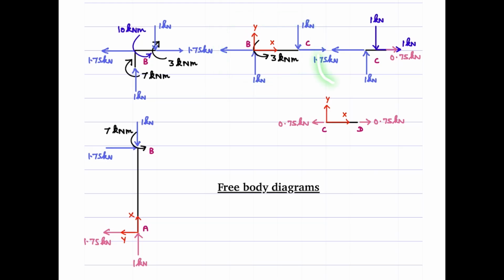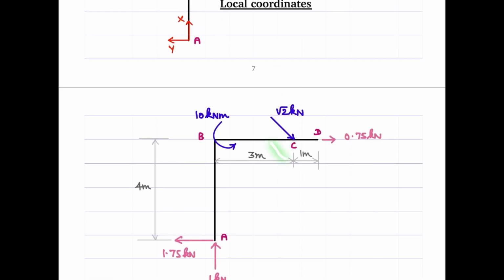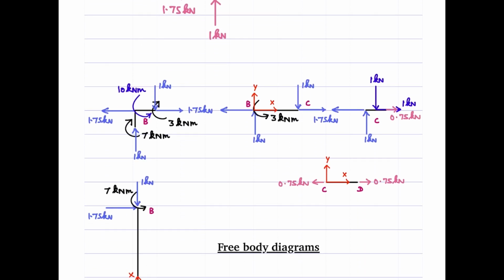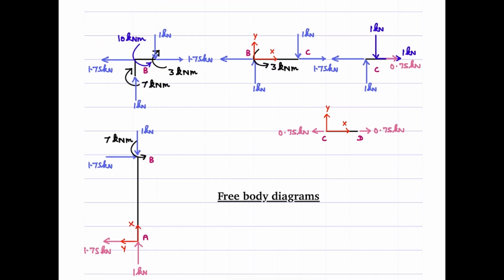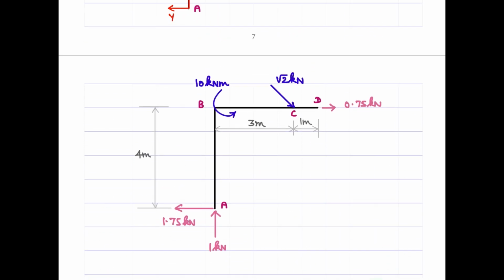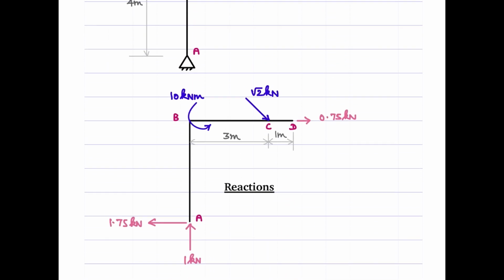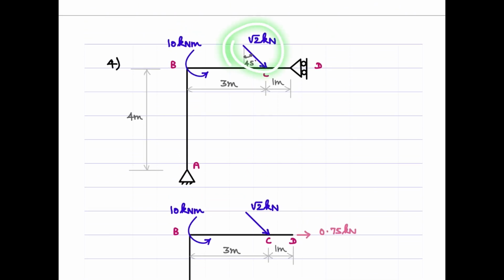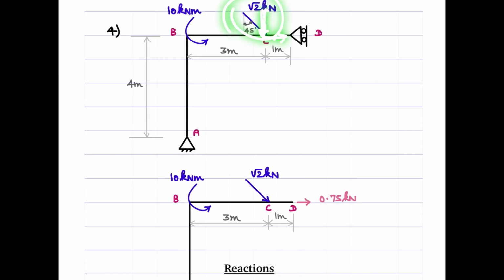And then we also consider the joint equilibrium for C because we have considered forces acting here. So it is helpful to consider the joint equilibrium of the joint C as well. This 1 kilonewton and this 1 kilonewton are the external loads, okay, because root 2 is what we have and it is acting at 45 degrees, right? So when we resolve, you get a downward 1 kilonewton and a rightward 1 kilonewton force acting.